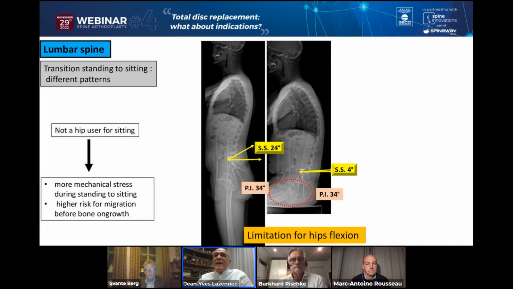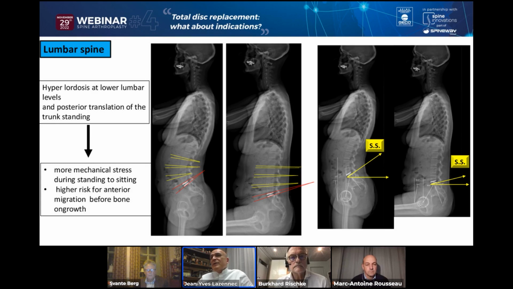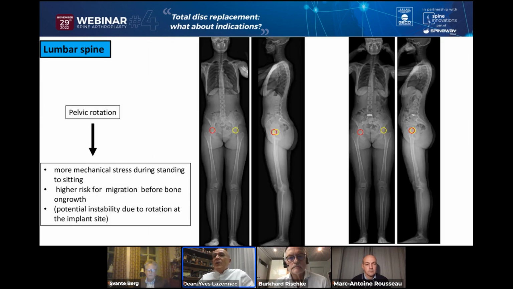In patients with strange mobility at the hip, you see this patient does not sit using fully his hip. Patient with posterior translation of the upper part of the trunk, so a patient with a high risk of hypersolicitation for translation. And also patient with pelvic rotation. Look at this patient with a large iliac wing here, a narrow iliac wing here, so you have rotation in the pelvis.